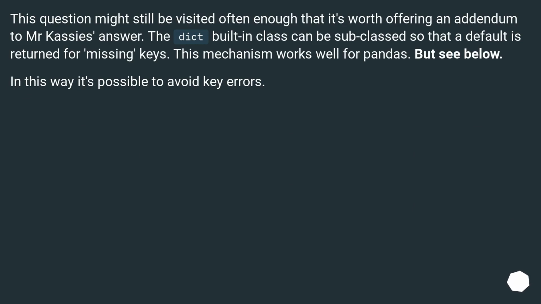This question might still be visited often enough that it's worth offering an addendum to Mr. Cassie's answer. The dict built-in class can be subclassed so that a default is returned for missing keys. This mechanism works well for pandas. But see below. In this way it's possible to avoid key errors.